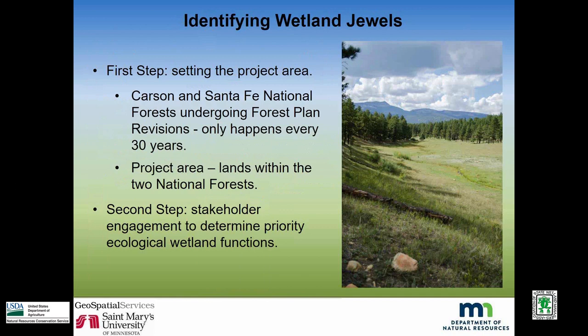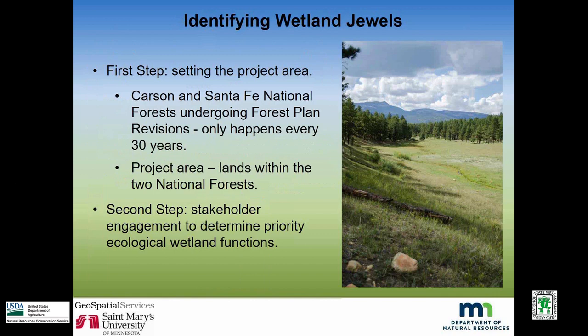That planning process relies on identifying significant features on the landscape that the Forest Service will be required to or will be interested in protecting over time as part of their plan implementation. There was a planning process kicking off in both the Carson National Forest and the Santa Fe National Forest at the same time as we were updating the wetland inventory for the state of New Mexico, and that gave us the opportunity to feed directly into the plans as they were developed.